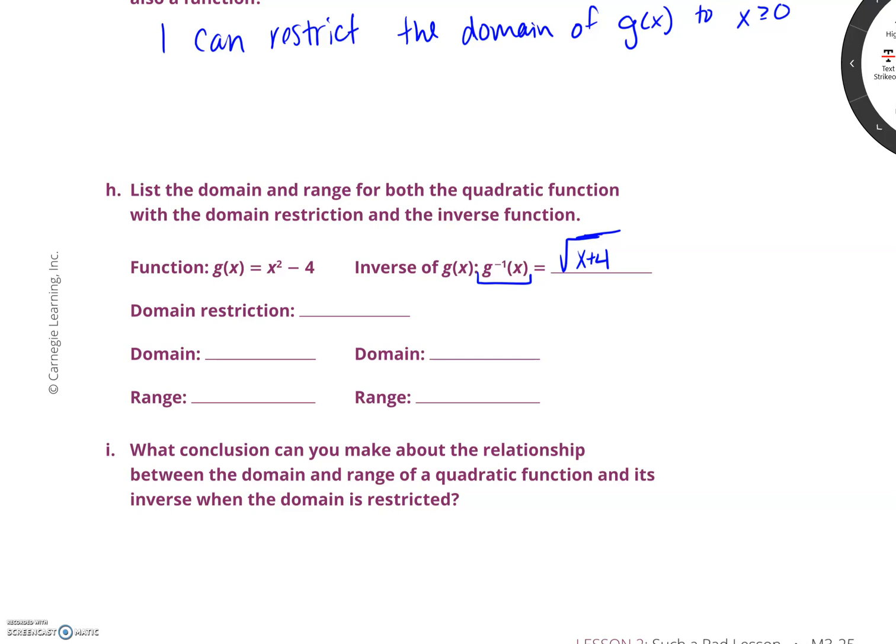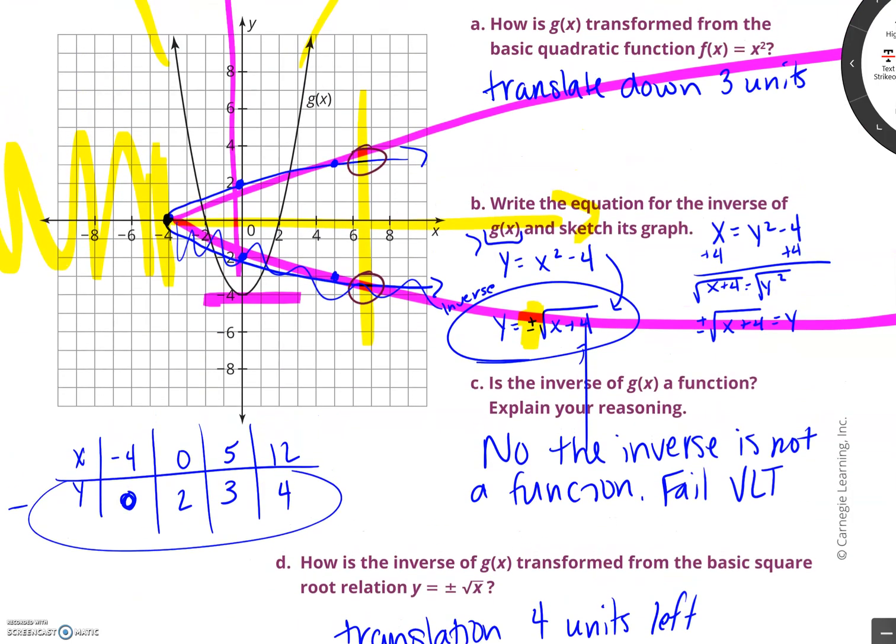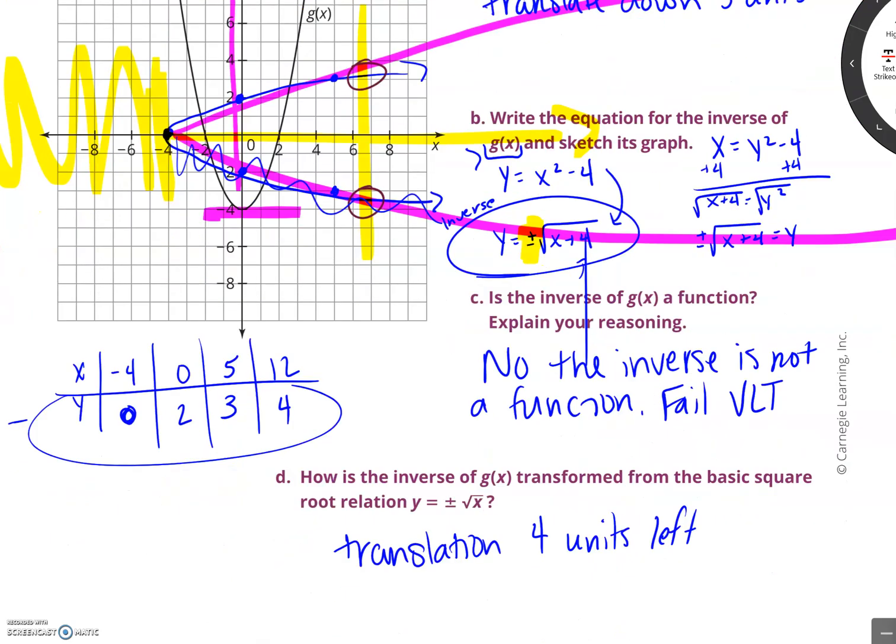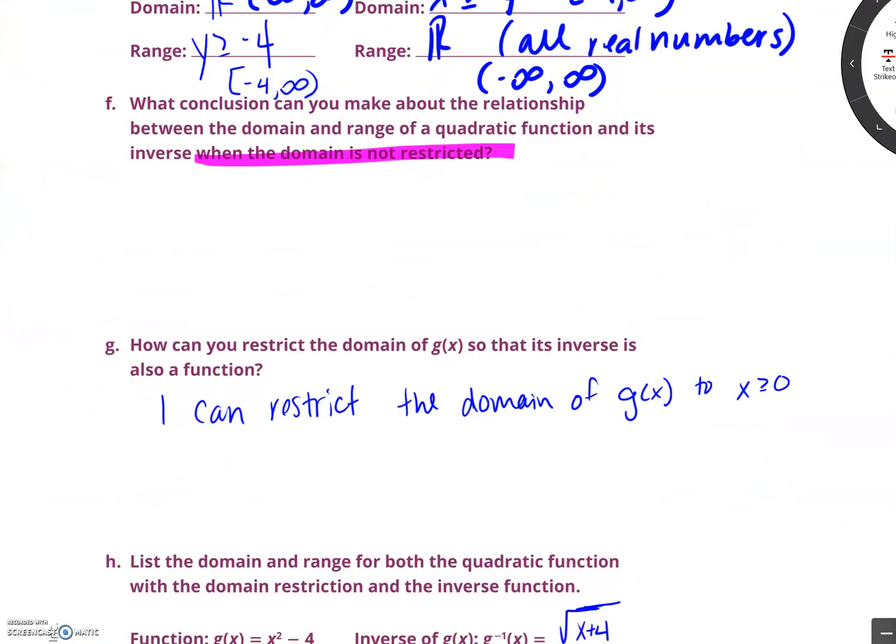So our domain restriction is that x has to be greater than or equal to 0. Remember, domain is where it exists left and right, the x values. So for our parent function, domain and range are still going to be the same.